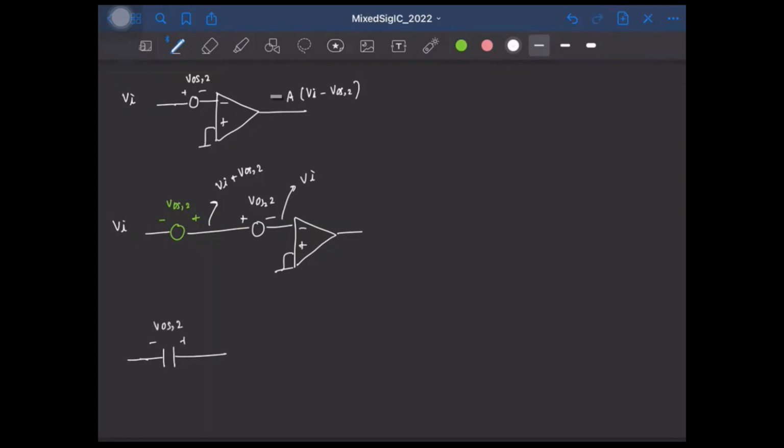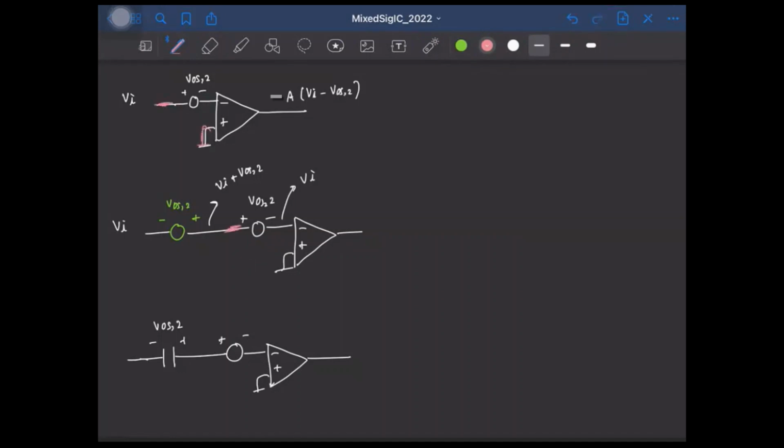Okay, so if this is VOS2, then when we have the amplifier connected like this, the effect of the offset of the preamp will be completely cancelled. Okay, and please notice that this terminal is not accessible to us. Only these two terminals are accessible.